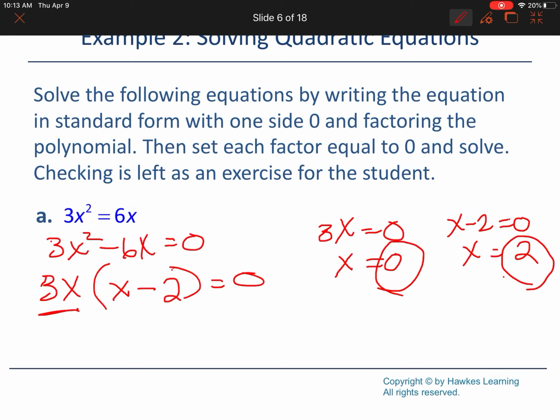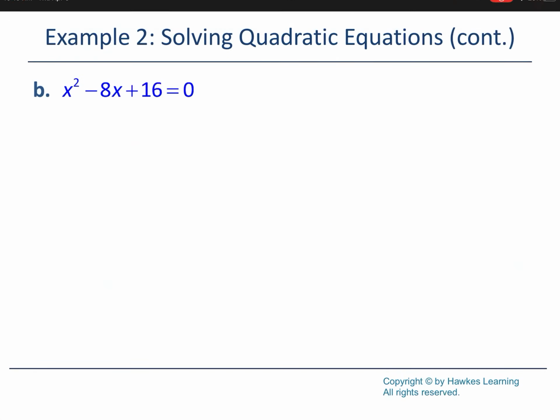If I plug them into the original, you see that I get 3 times 0, which is 0, and 6 times 0, so 0 equals 0, so that one works. And if I plug in the 2, I have 2 squared, so you have to do the power before you do the multiply, so we get 4 times 3 is 12. And I plug the 2 in on the other side of the equation, and I get 6 times 2, so that's 12, so they both work.